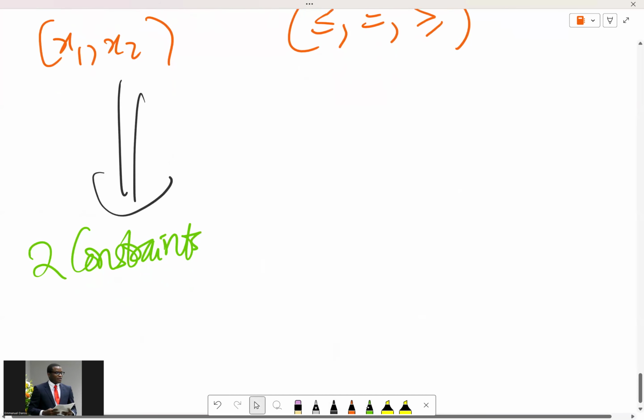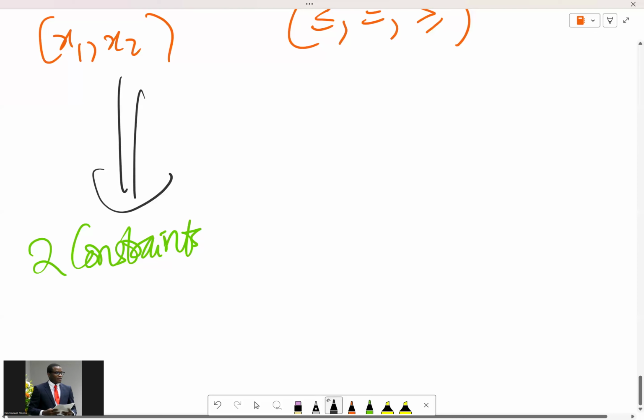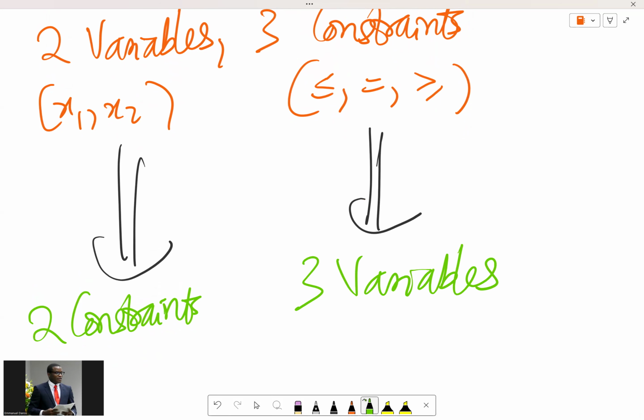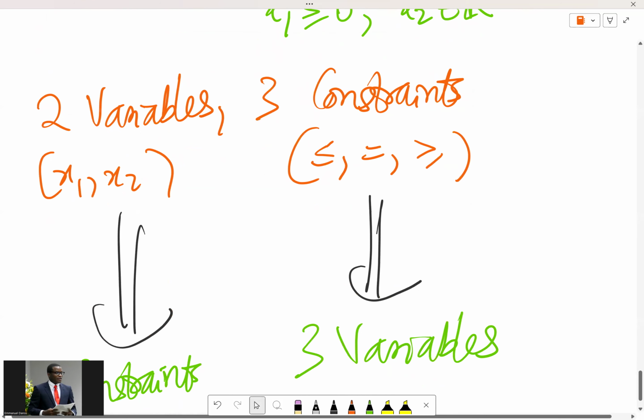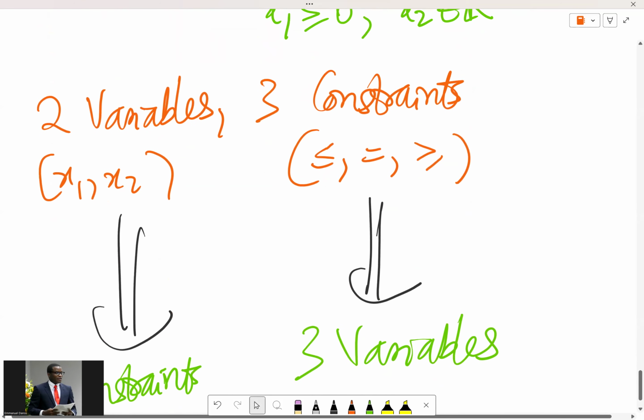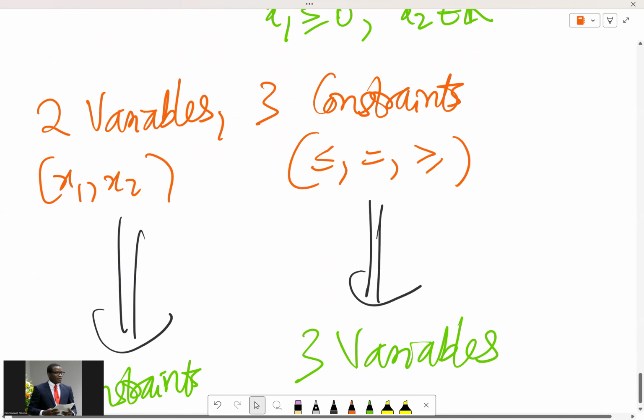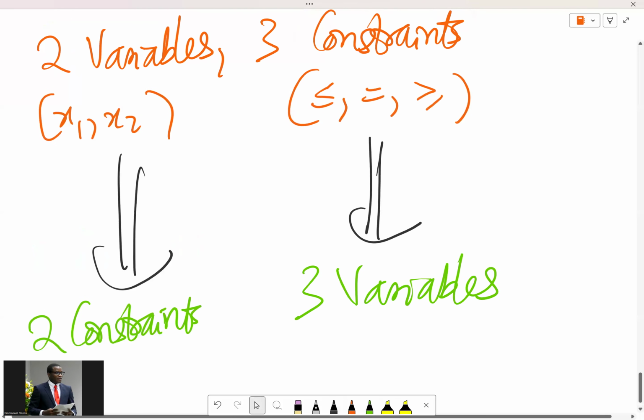And these three constraints are going to result in three variables. Variables lead to constraints, constraints lead to variables, and the nature of each variable and constraint will determine the nature of the other. That's really important: variable to constraint, constraint to variable.